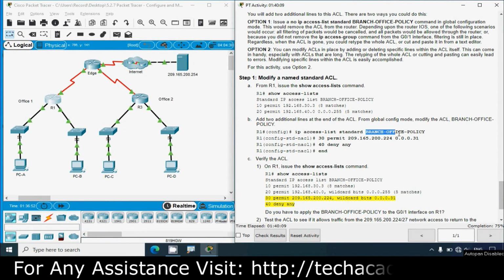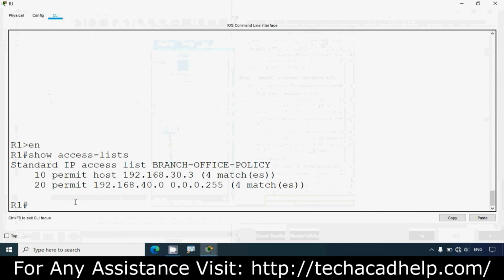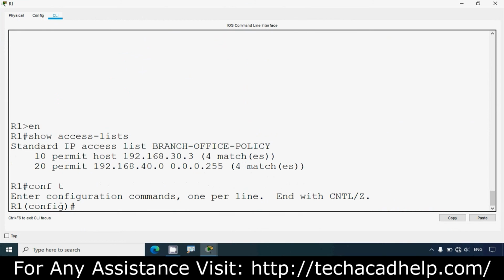I will copy this ACL name, come to R1, and here we can give conf t. In global configuration mode, ip access-list standard, and here is the name.